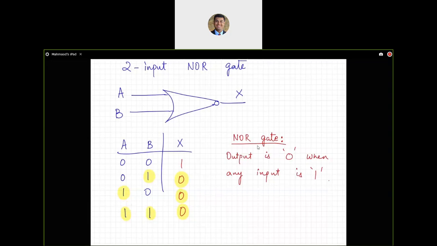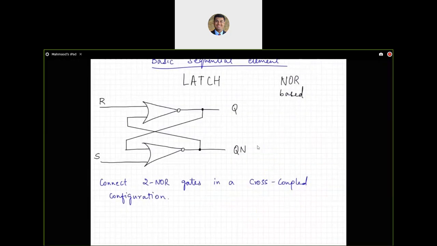Okay, so let's move back and take a look at our two NOR gates in a cross-coupled configuration. Let's say I'm going to start simple. I'm going to start with the set state, meaning I'm going to make this a 1 and I'm going to make this a 0. So let's see what happens if I set those two inputs to a 1 and a 0 respectively.